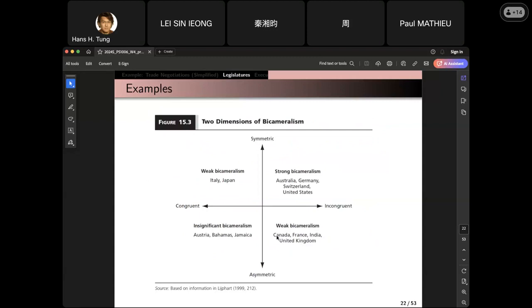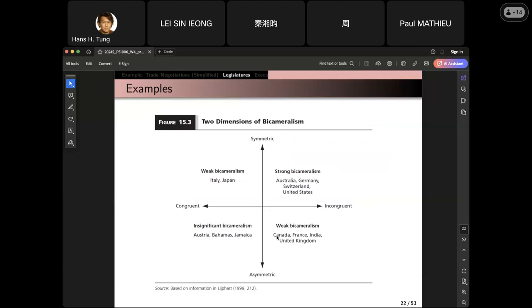I just explained some of the details. Germany, Switzerland, and the United States are all federal states, and therefore the two chambers are incongruent in their political composition, but their powers are pretty symmetric. In the US context there are some small differences, but they are pretty symmetric in terms of legislative powers.